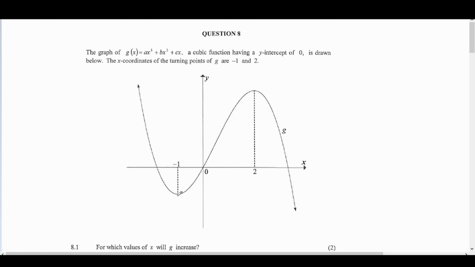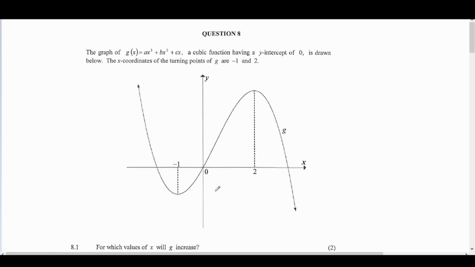It's not increasing or decreasing, and after it turns, that's what we define a turning point as. It then starts increasing, and you can see that there's a positive gradient over here, so it's increasing all the way until our next turning point, and then it starts decreasing once again, going all the way to negative infinity.